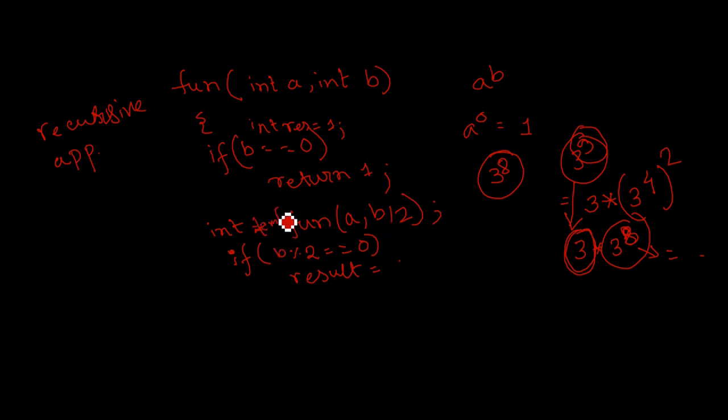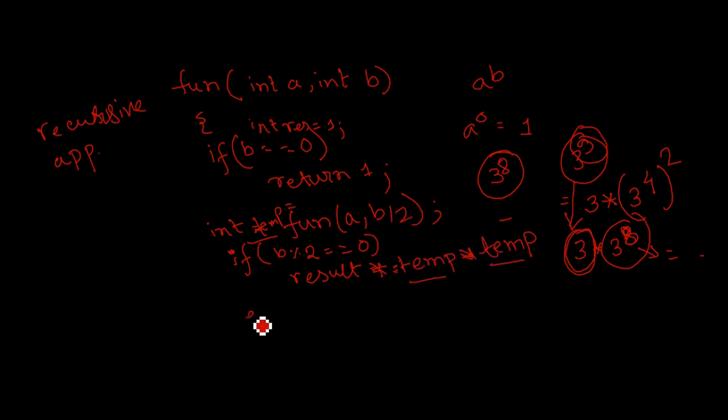Here we have temp. We will say result equals temp comma temp. So in the result we are storing this value. What is this? b by 2. We are just querying it.